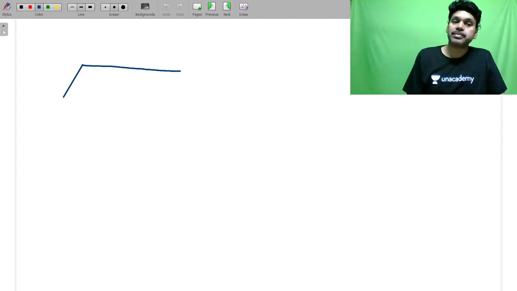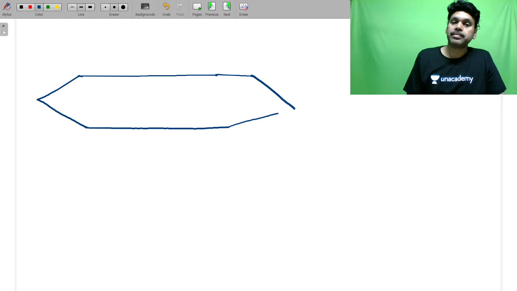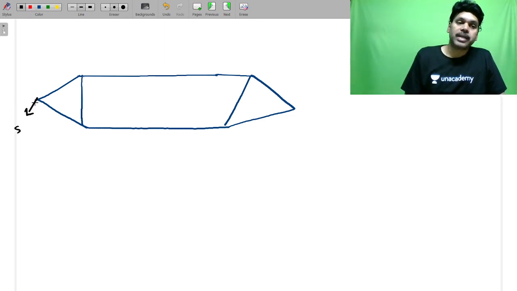Observe. So I'm showing you one subnet which is like this. And the sender is here. Exactly this particular router. They're all routers only, because routing is done by a router.